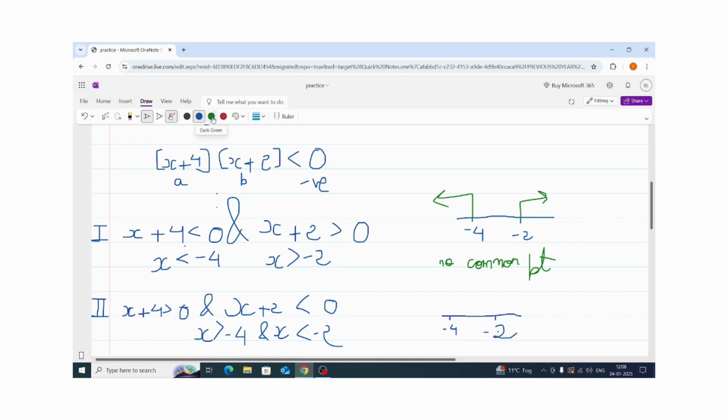So what I've been given, x to be greater than minus 4, will be to the right of the minus 4, right? In this direction. And x to be less than minus 2 will be to the left of this. So I can clearly see that there are common points of intersection here.